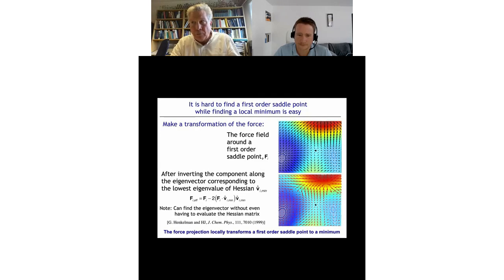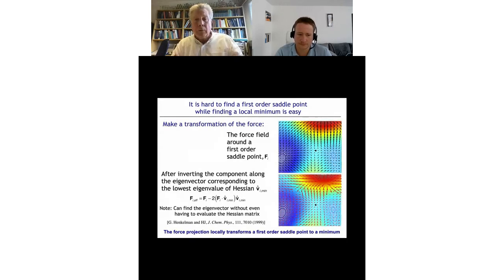The key thing is really to find that direction, and then you can simultaneously be maximizing along one direction and minimizing with respect to all other directions. And this special direction is, of course, the eigenvector corresponding to the negative eigenvalue.